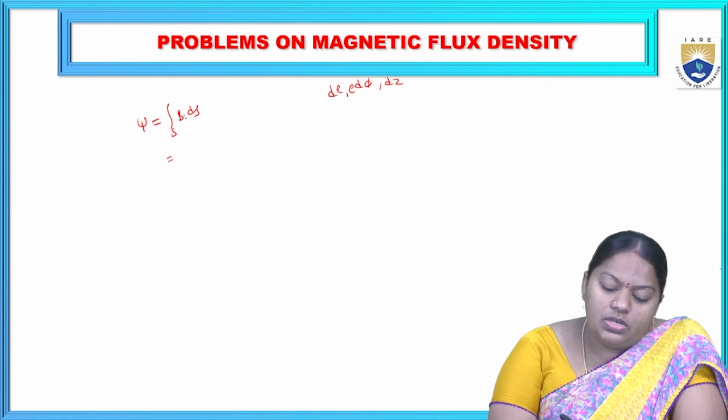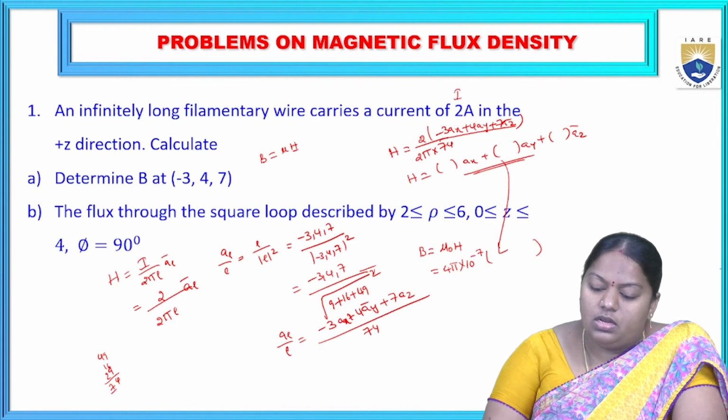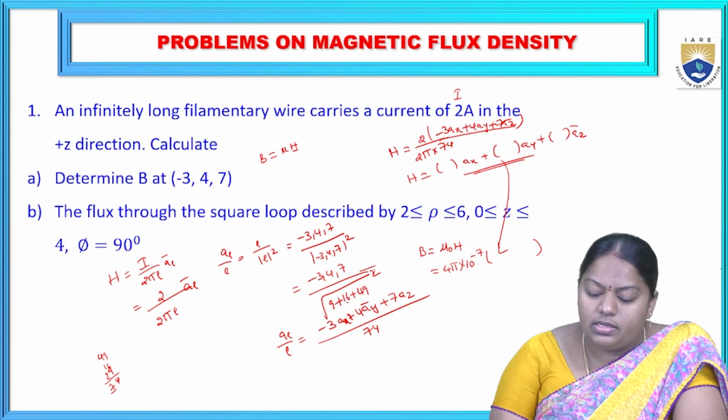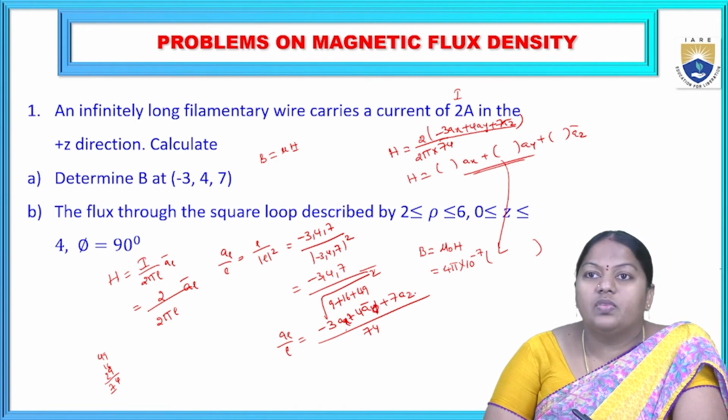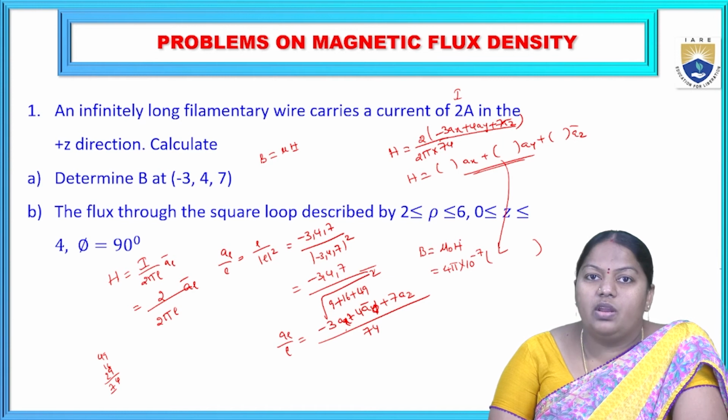Right? Now substitute B from this H. Instead of writing ax, ay, az, since all the terms are given in rho, phi, z, it is a rho, a phi and az. Right? Instead of Cartesian coordinate variables, we consider cylindrical coordinate variables rho, phi, z.